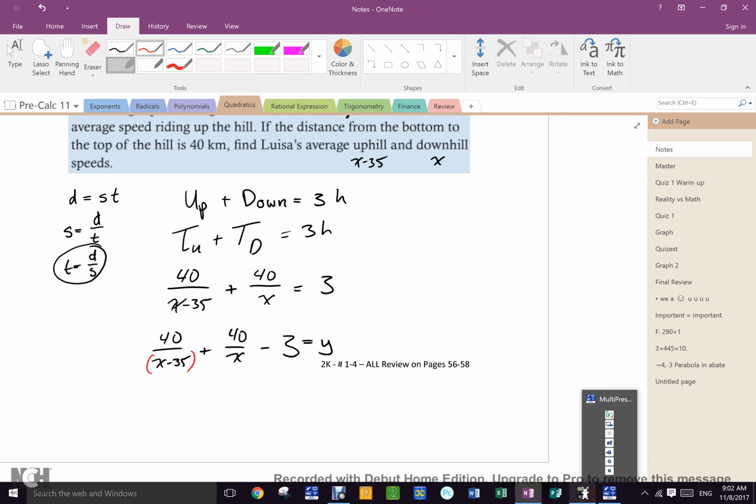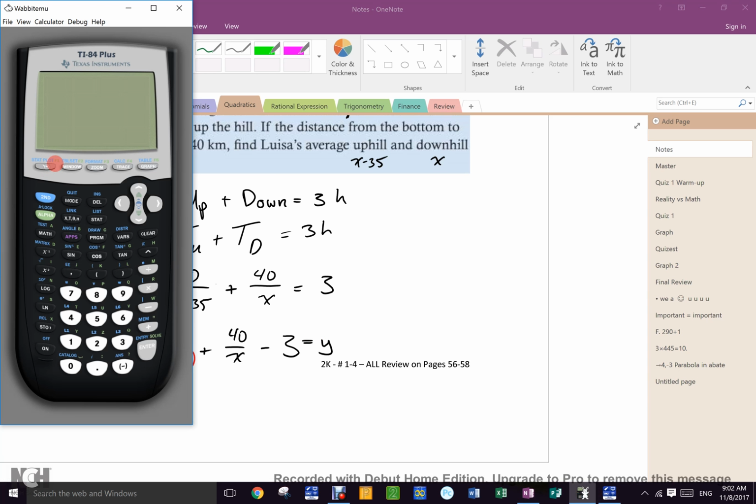So let's get our calculator up. Let's get our y's open. And let's try entering this. Clear. Y. Clear. All right, here we go.